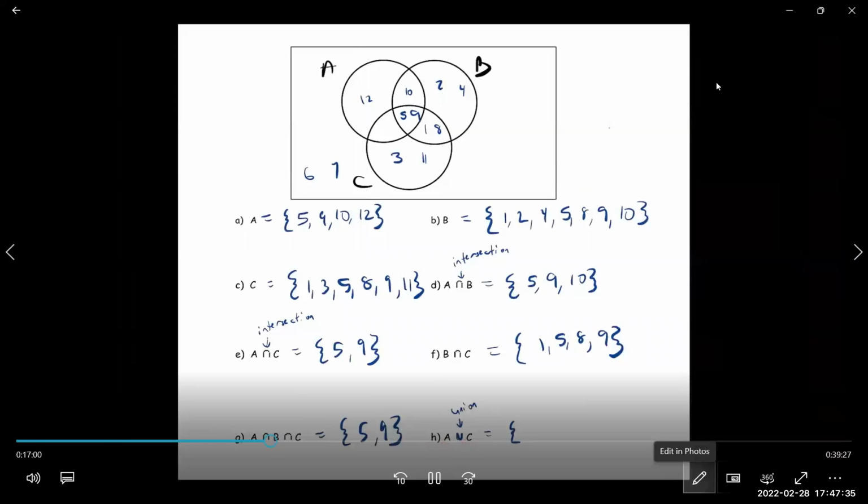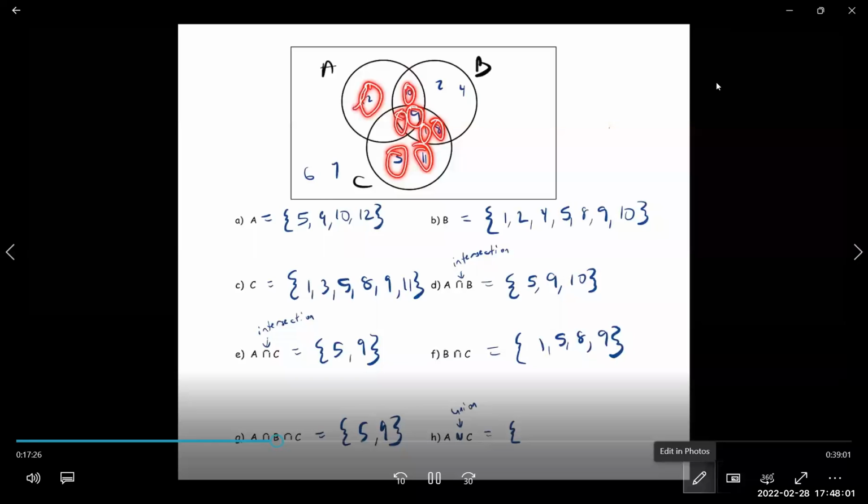So what would be everything in A and C? 1, 3, 5, 8, 9, 10, 11, 12. Yeah, it's going to be all those that are in either A or C. That's what union means. It just means combine everything in A with everything in C and put them all together.